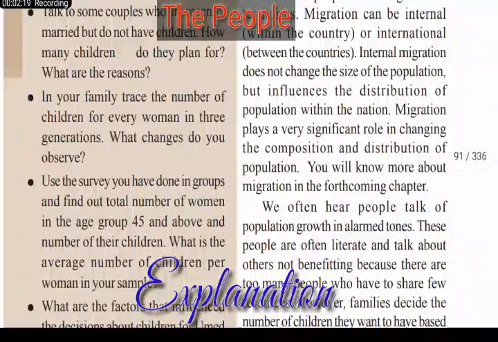Earlier, in a family there used to be up to 15 children. 5 could be girls and 10 could be boys.